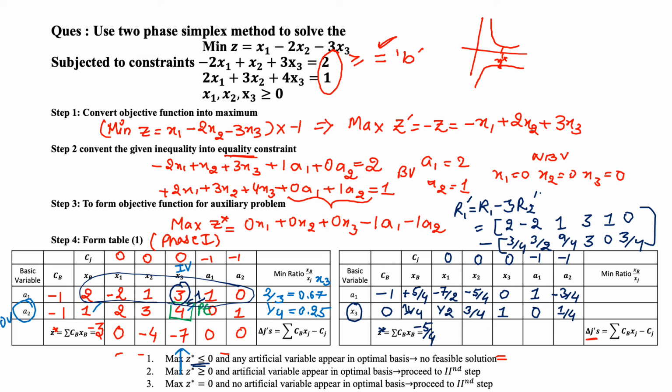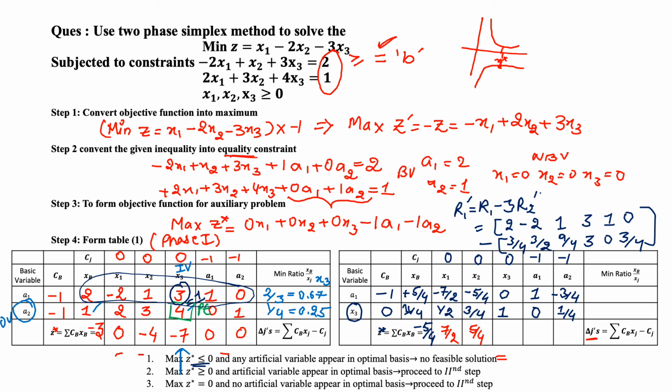So again minus 1 into minus 7 by 2 will give you positive 7 by 2, and the Cj value is 0. This whole row will have no effect on this element, because when you multiply 0 with any element you will get 0 itself. Okay, so here it is 7 by 2. Here minus 1 into minus 5 by 4 is plus 5 by 4, because the Cj value is 0.